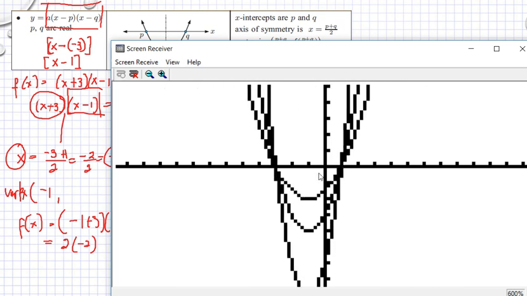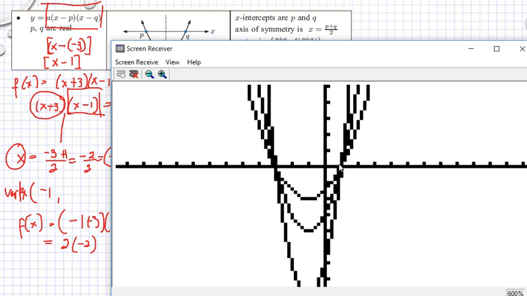See, it opens wider when I put a smaller number there, because your a becomes smaller, and then it opens wider.